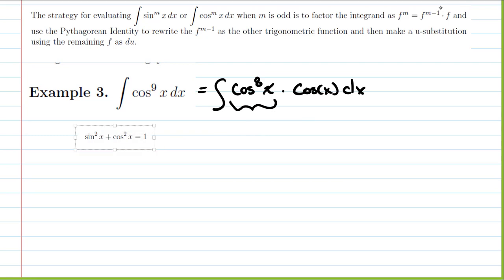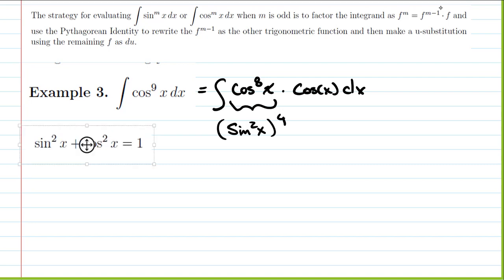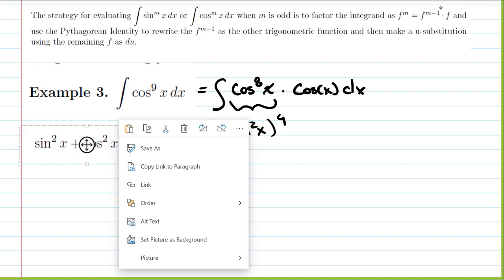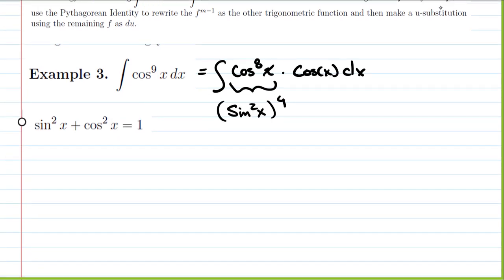So we're going to rewrite this first as cosine squared of x raised to the 4th, and then solving this identity for cosine squared, we get that cosine squared of x is equal to 1 minus sine squared x.